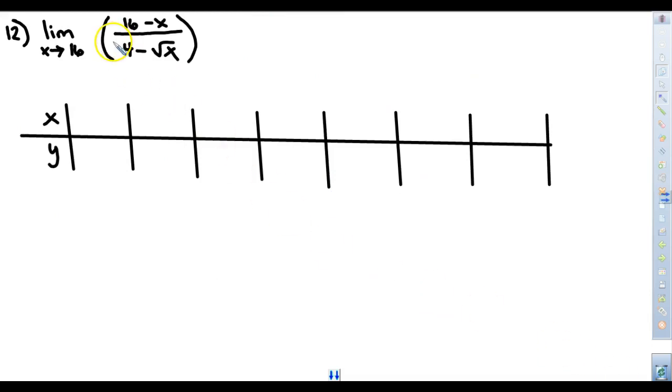All right, let's try number 12. We'll do the same thing. Put this into Y1. Either use function 1 so that you can get it set up as a fraction, or when you put it into Y1, make sure that you put parentheses around your numerator and then your division bar and parentheses around your denominator.